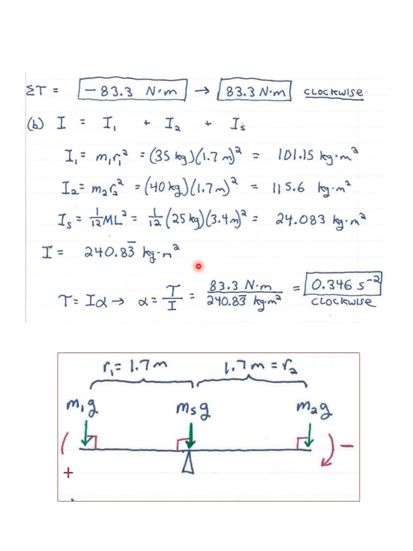This gives us a total moment of inertia, when we add all those up, of 240.83 kilograms meters squared. And now we plug that into the equation that alpha is torque over moment of inertia. We take the torque that we got, divide by moment of inertia, and we get 0.346 radians per second squared. And because the overall torque was in the clockwise direction, the acceleration will be in the clockwise direction.